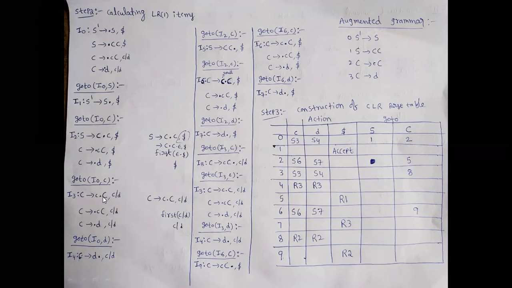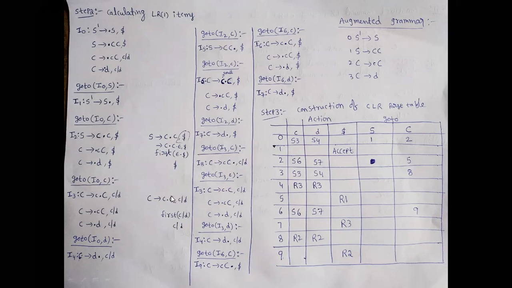Then after the dot we have a non-terminal capital C. Then we have to add the productions of non-terminal capital C. Those productions are C is production with dot small c capital C comma, and C is production with dot D. So how to find the lookahead of these two? We are considering this statement, C is production with small c dot capital C comma c/d.